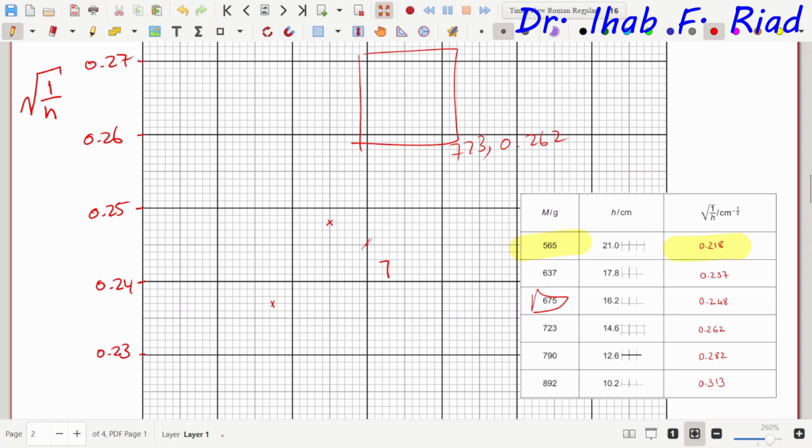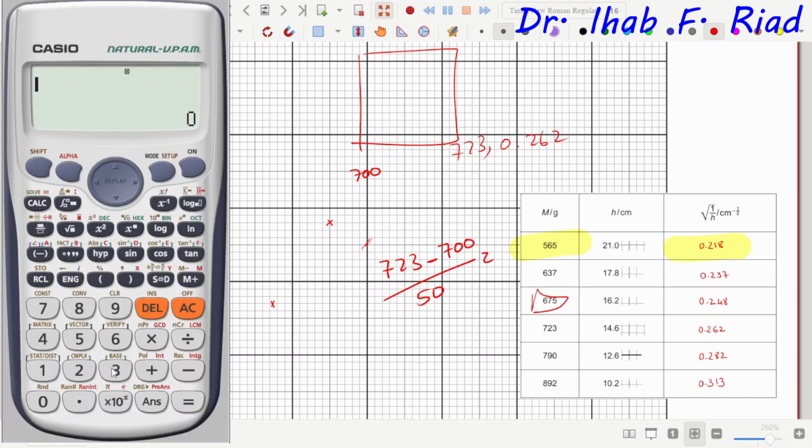So it is 723. The closest mark is 700, so 723 minus 700, and we divide by 50. We get 0.46.